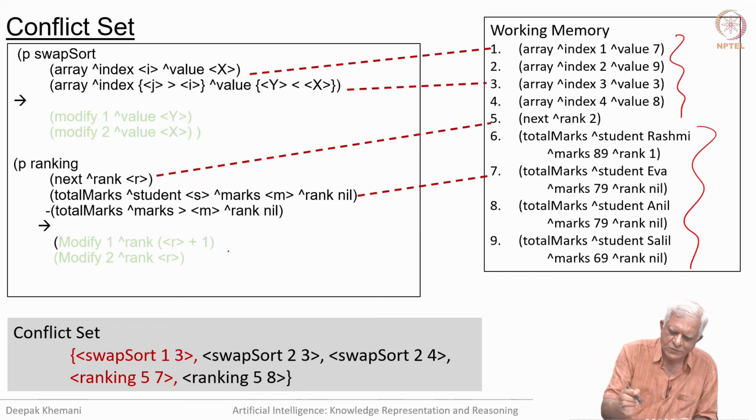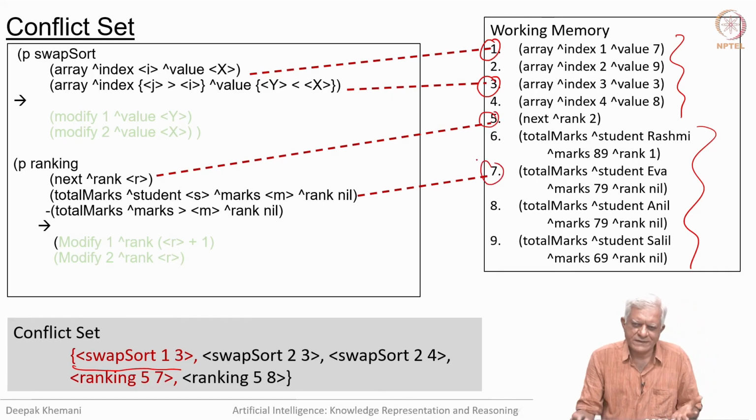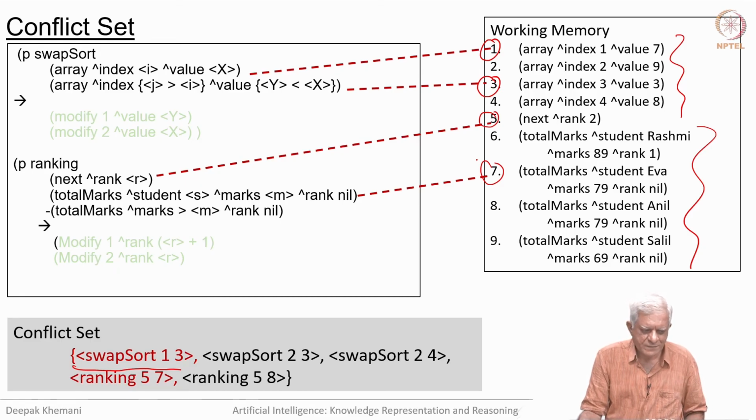The two examples that we saw are shown here on the left. Swap sort matches 1 and 3, 1 here and 3 here. Ranking matches 5 and 7, 5 here and 7 here. Of course, there are other things in the conflict set, but this is the general idea of how the conflict set is computed.